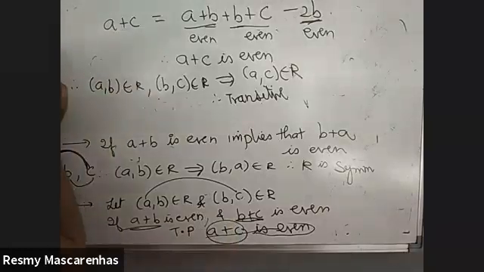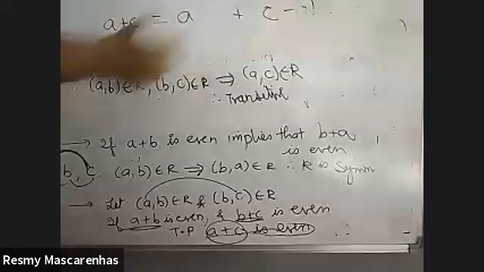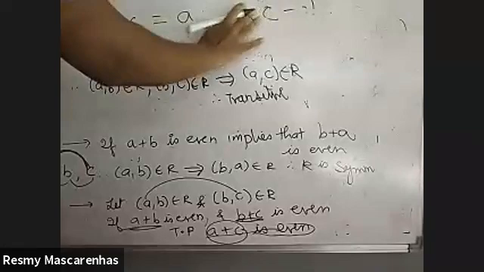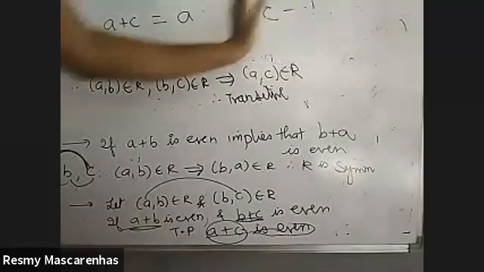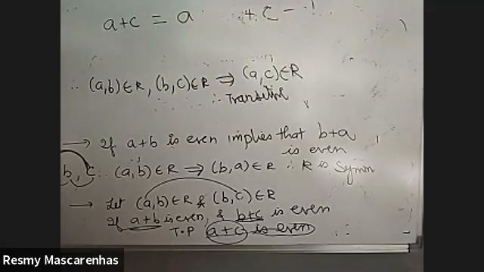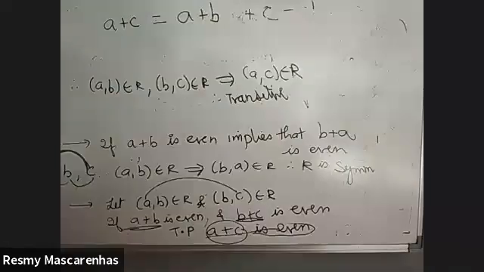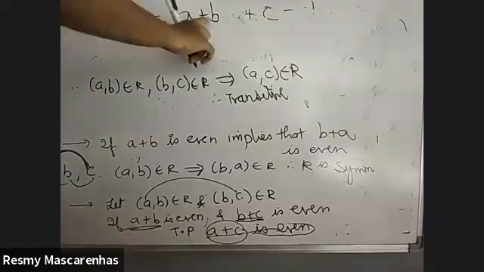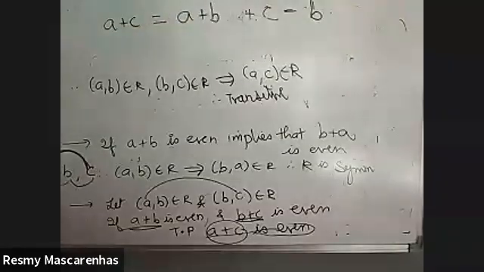So A plus C, what I have done is just write these two separately. It's the same number, A plus C. I just wrote C at the side because I want to balance something. Now write in terms of this. What is there at the side of A? B is there. So I introduce plus B. Anytime I introduce B, you can balance it with minus B at the side.